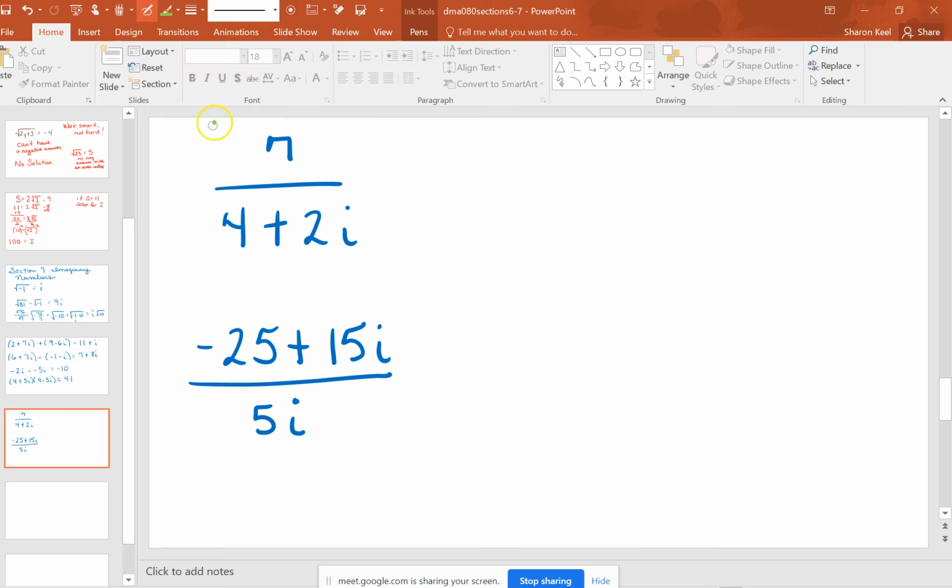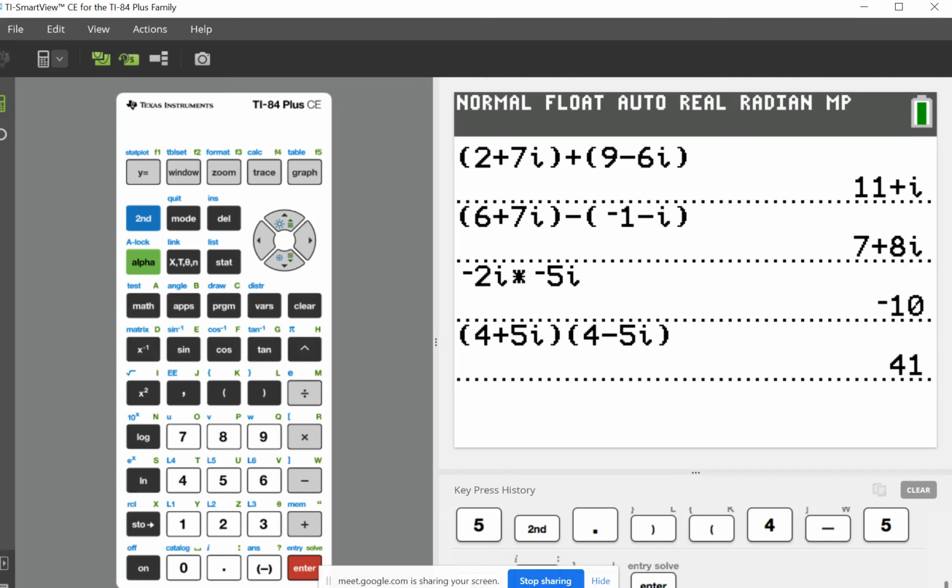So when we do these, we want to be sure we put a parenthesis around the numerator, a parenthesis around the denominator, and then we do division in between the two. And again, a parenthesis here. Even though this looks like one term, if you don't use the parenthesis, and if you type it in both ways, with and without the parenthesis, you'll see that you get a different answer each way you type it in. So I'm just letting you know the correct answer is going to be the answer when you do type in the parenthesis.